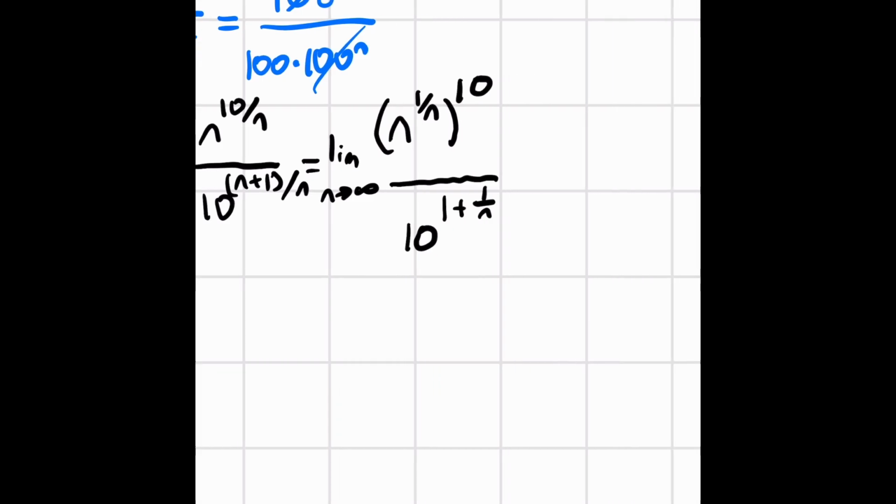And now something incredibly interesting happens with this limit. In fact, it turns out that 1 over n is heading to 0 really quickly, whereas n is heading to infinity at a pretty normal rate.